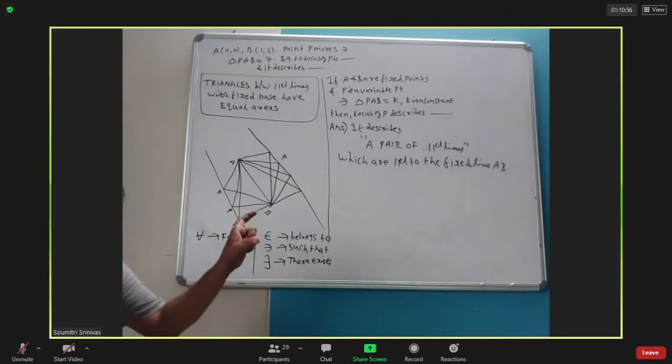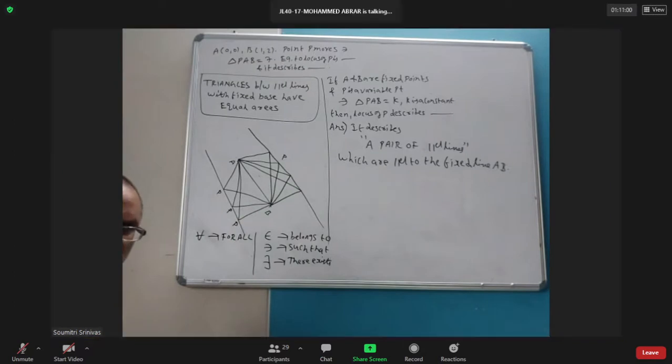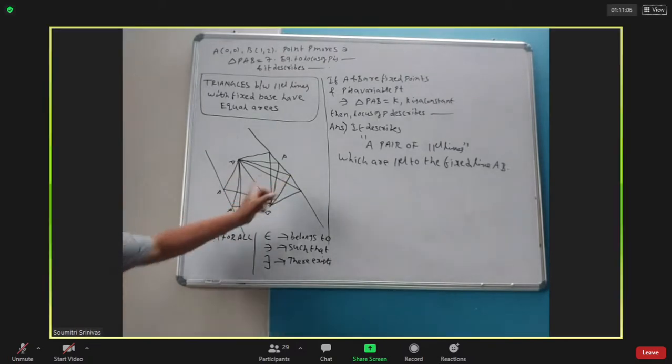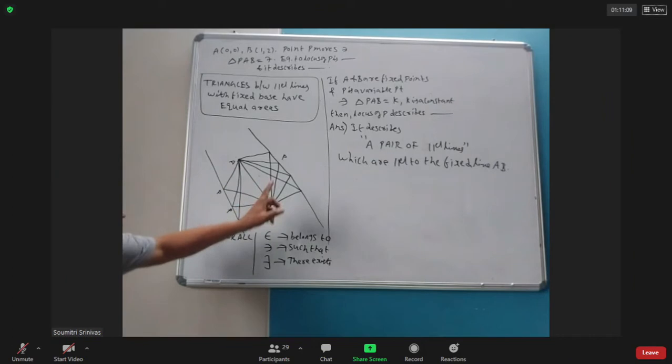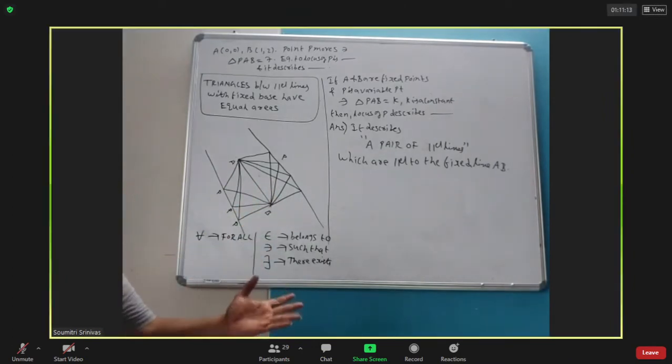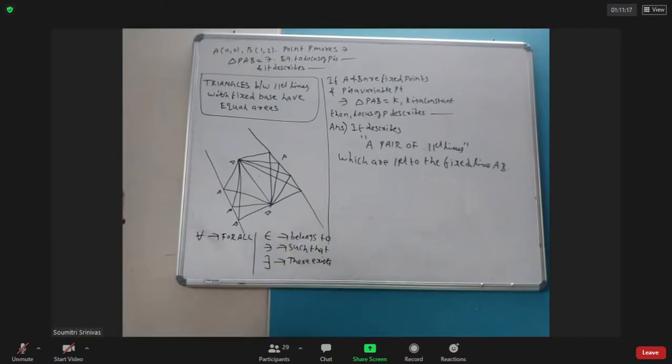The join of two fixed points will always be a line, no? Those two fixed points and the line through P, you have drawn, these are both parallel. They have to be parallel. Then only the triangles will have equal areas. Okay, sir.